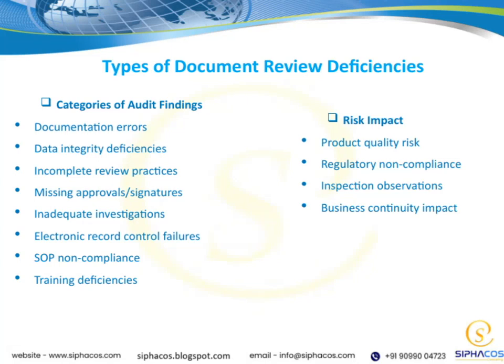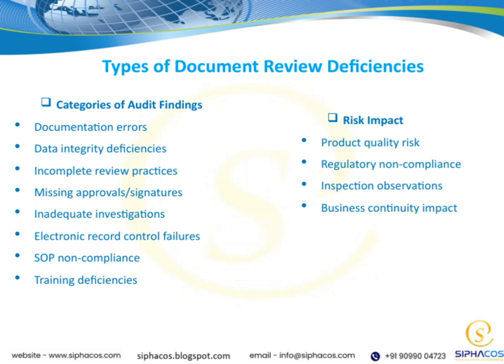Let's take a closer look at risk impact. When we talk about product quality risk, we're referring to the potential for issues that could compromise the safety, efficacy, or overall quality of our products. This is critical because it directly affects patient safety and our company's reputation. Regulatory noncompliance is another major concern.